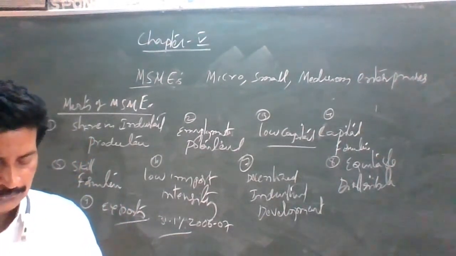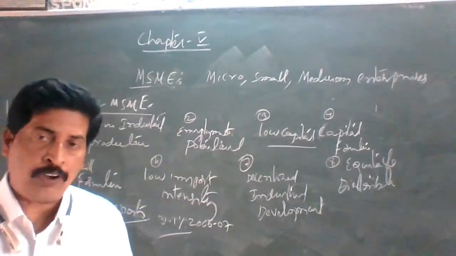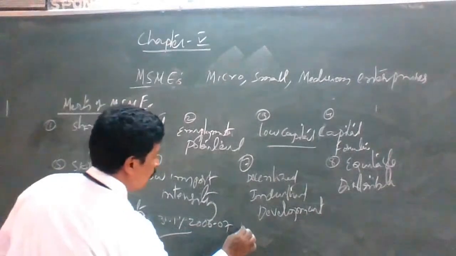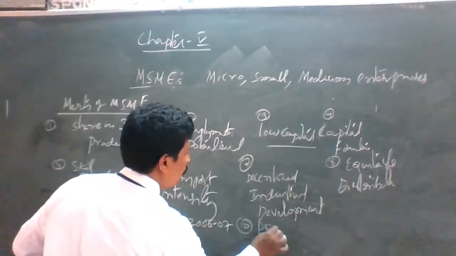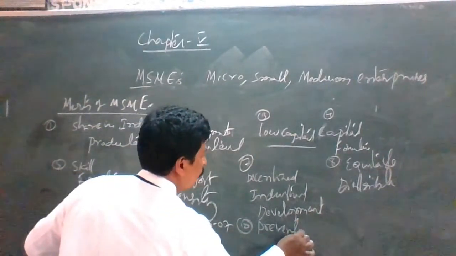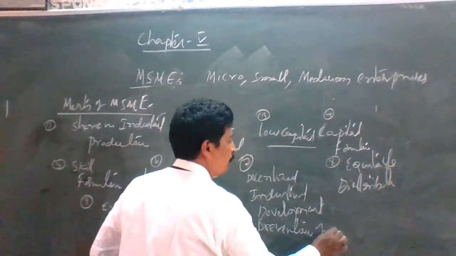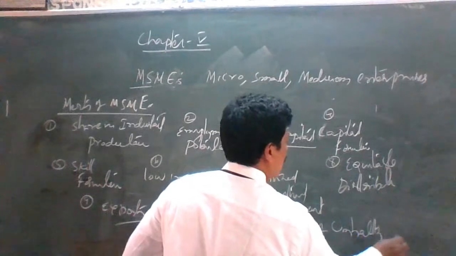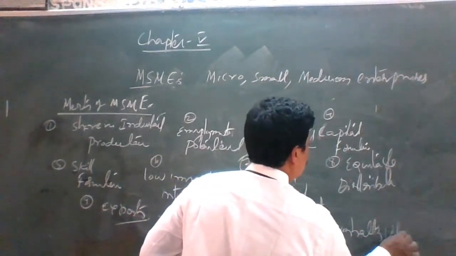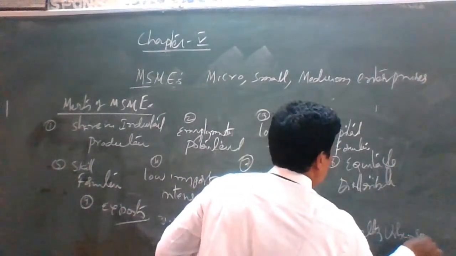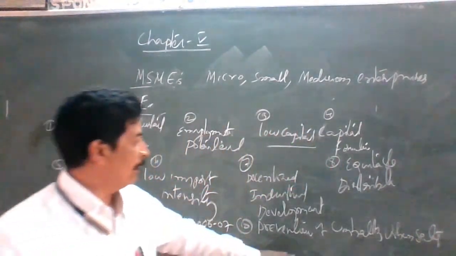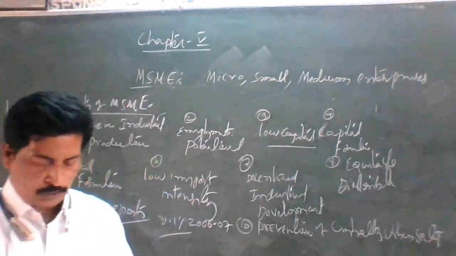Then the last one is prevention of unhealthy urban sector. The tenth one is prevention of unhealthy urban sector.